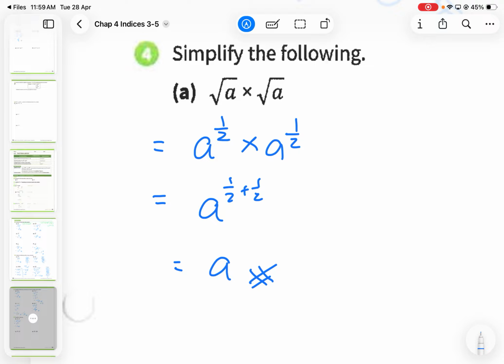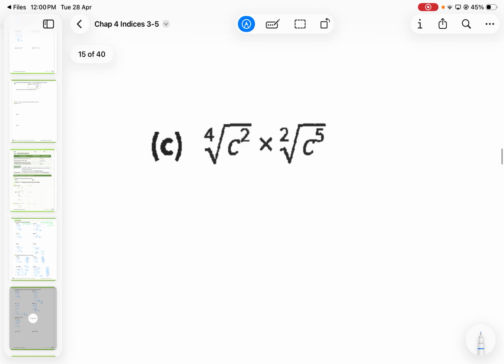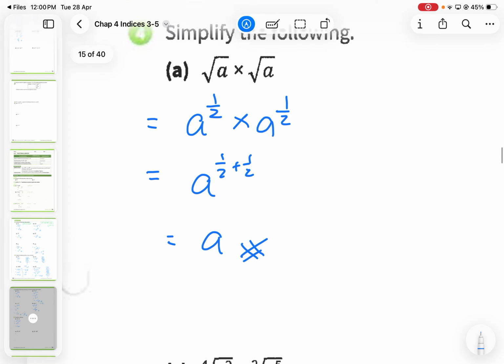Square root of a is a power half. Here also a power half. Then when I multiply, half plus half lor. Same base, add the index. Become a power 1. Okay, I do part C, then later you all do the rest.